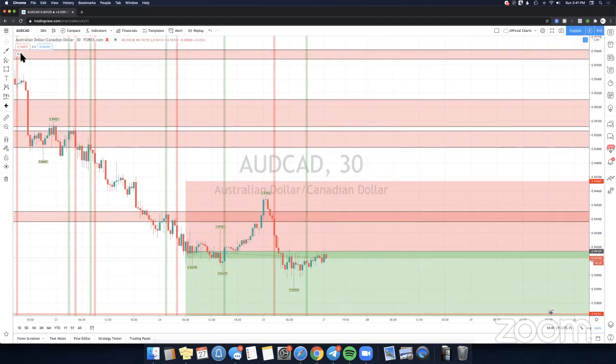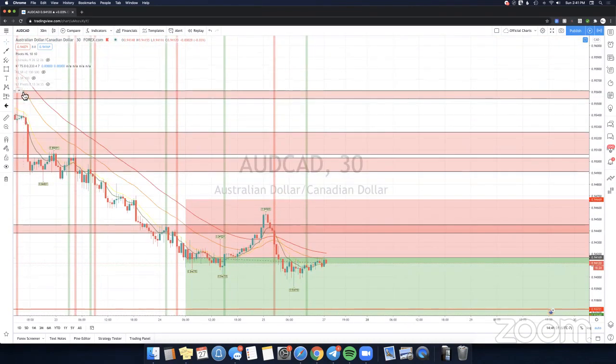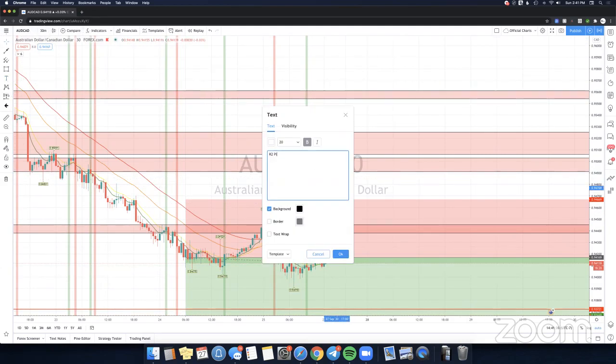So I'm going to go through the requirements real quick, and this is going to be for the K2 pivots strategy. First, identify trend using K2 pivots. Second, identify retracement.